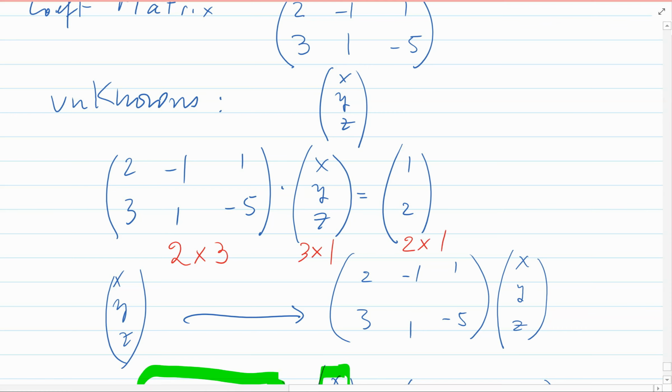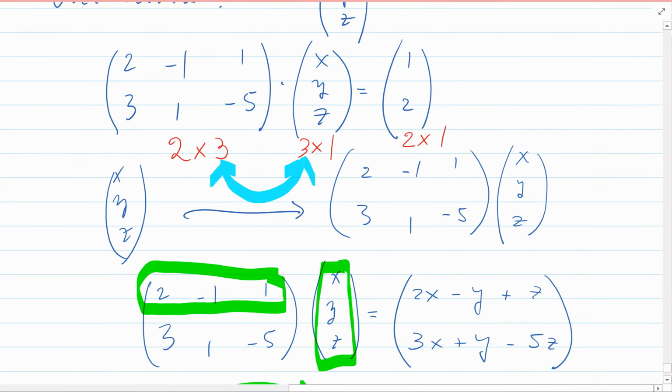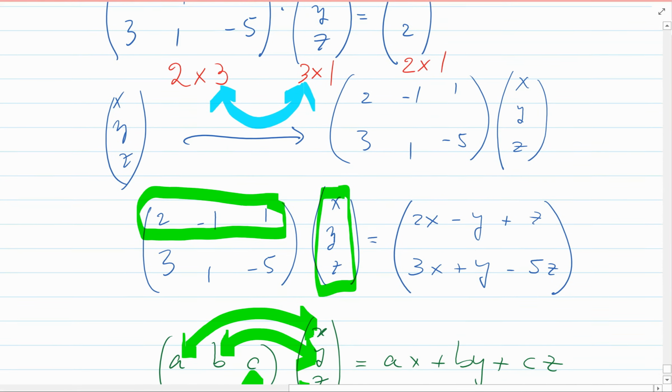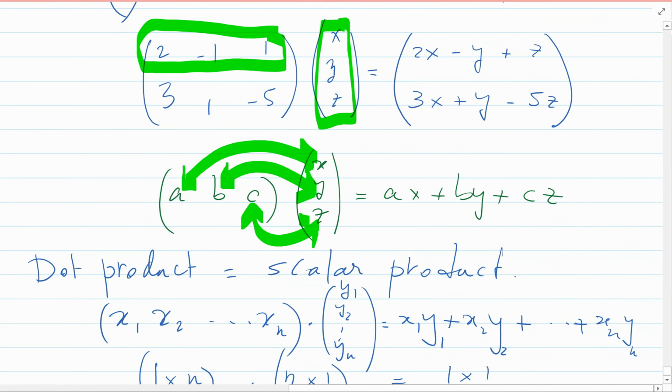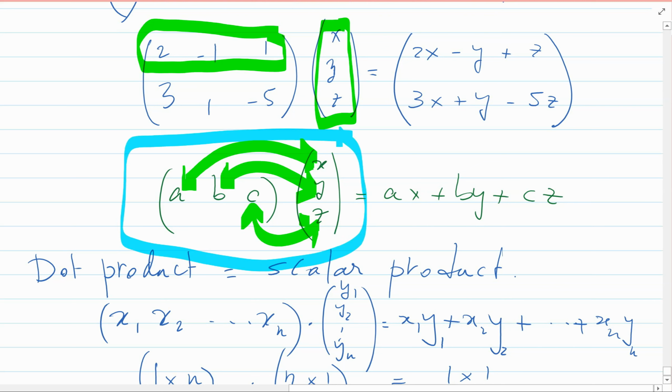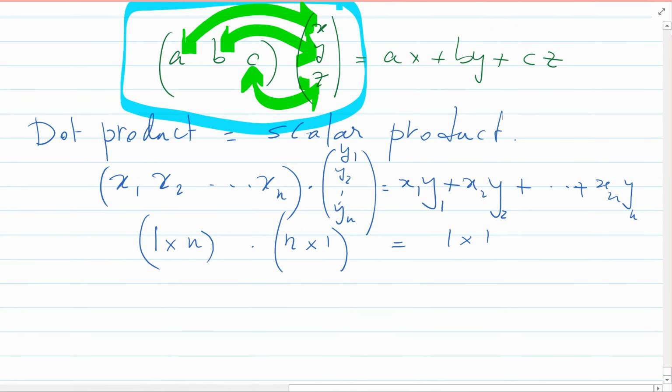What happened is that these two numbers are gone. The end result is the first number, which is the rows, and the last one, which is the columns, so 2 by 1. In order for us to do this, the number of columns should be exactly the same as the number of rows. Otherwise, the dot product doesn't make sense. So this number here should be the same as this number.